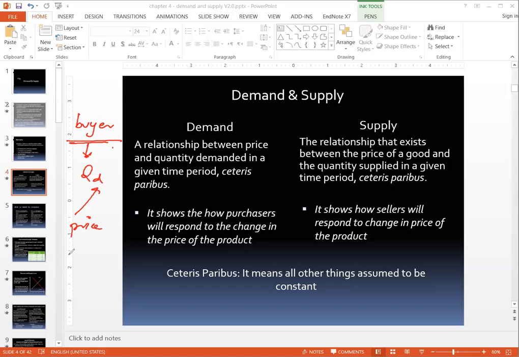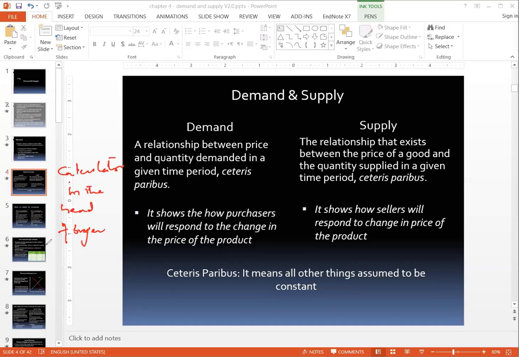Think of it as a calculator in the head of the buyer.